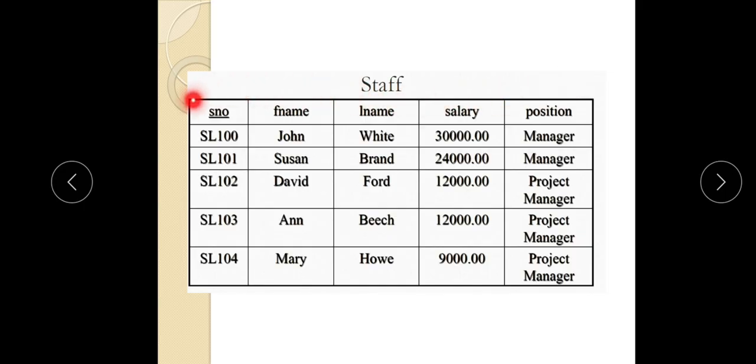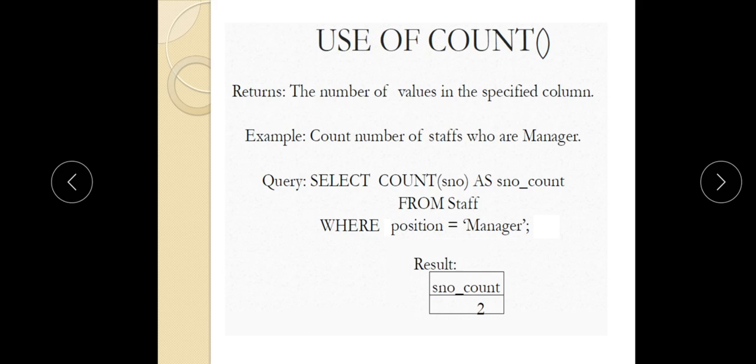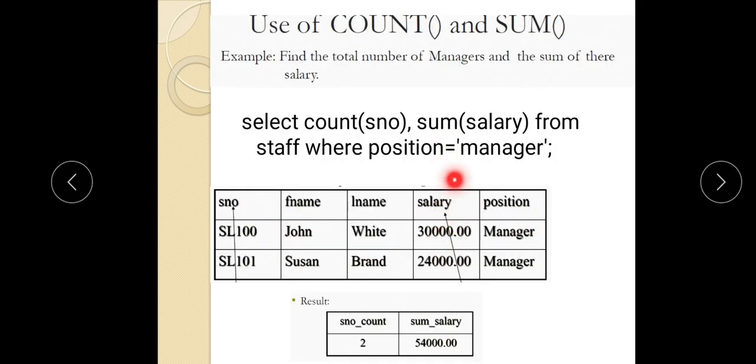So only these rows will be selected, and from that we will find the count of S number as well as the sum of the salary. The count of serial number is 2 and the sum of the salary is 54,000. This is how we take the count as well as the sum of the salary.